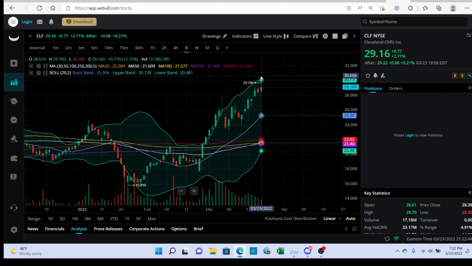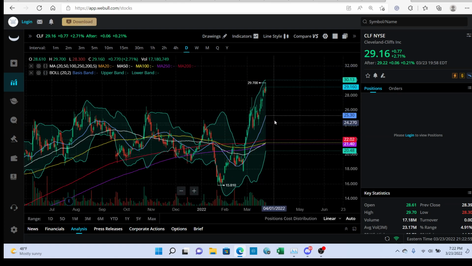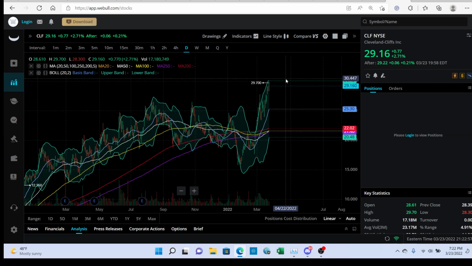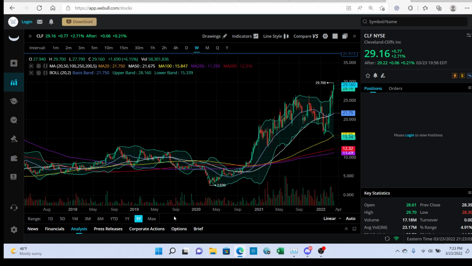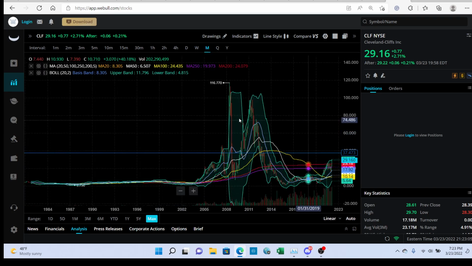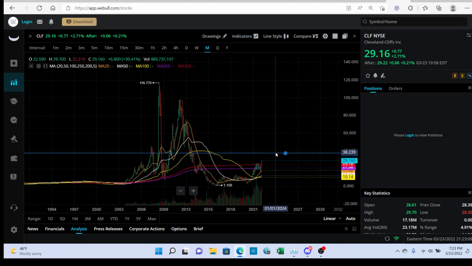Yeah, the deviation looks like it's about $2.50 per deviation. So there is quite a bit of volatility here, but I wouldn't want to be buying this around here. I mean, it definitely does have that potential to go all the way back to that area that I mentioned, which is right here at 38.